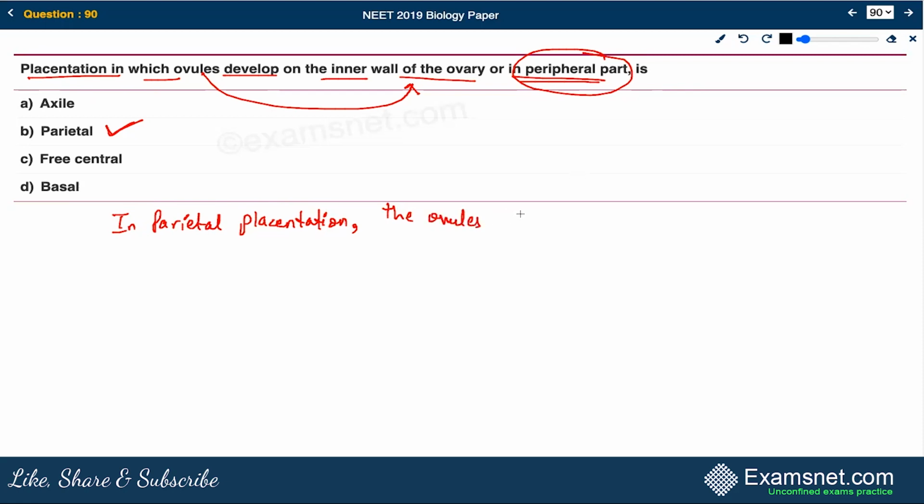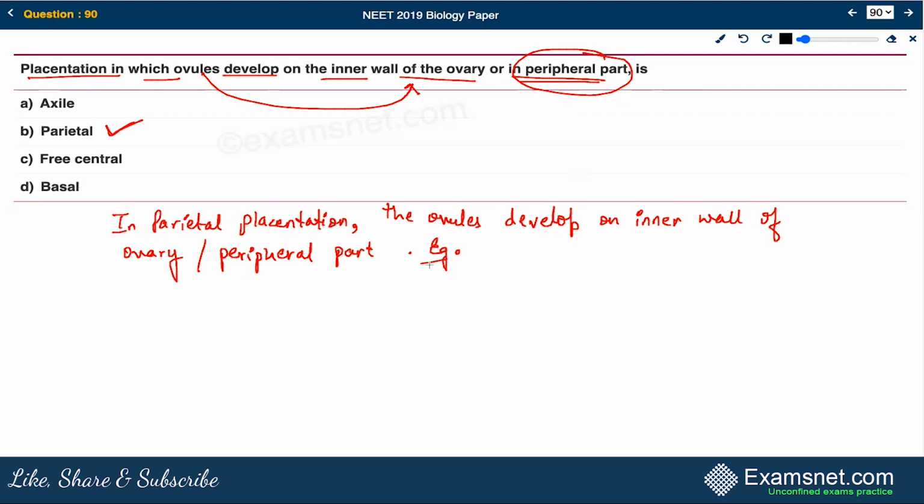All right, so we can say that in parietal placentation, the ovules develop on the inner wall of the ovary. So these ovules usually develop on the inner wall of the ovary or peripheral part, just like in case of mustard and argemone.